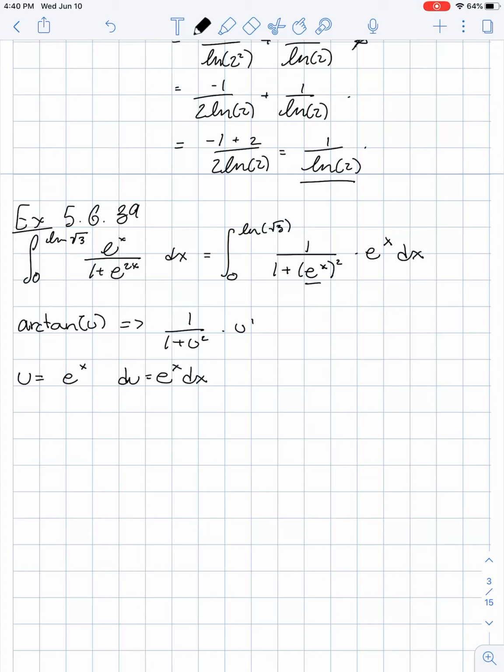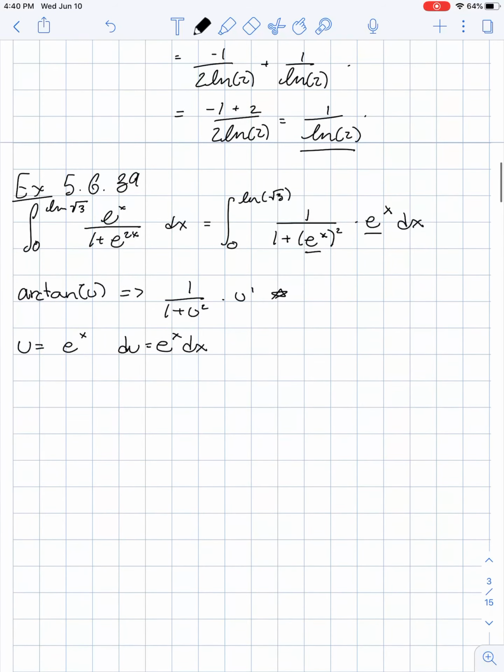I'm not going to want to put du here, and I'm not going to want to choose u here, right? I want to do something like this. Okay? So we are going to take off our bounds. So this is now going to be 1 over 1 plus u squared du.